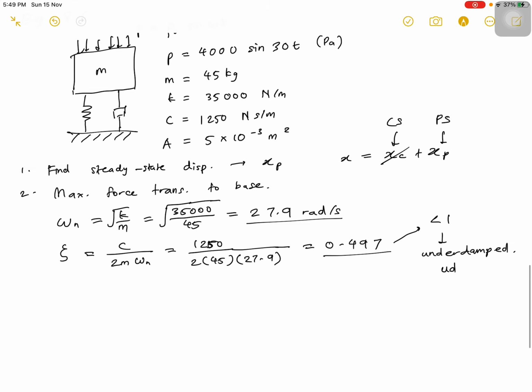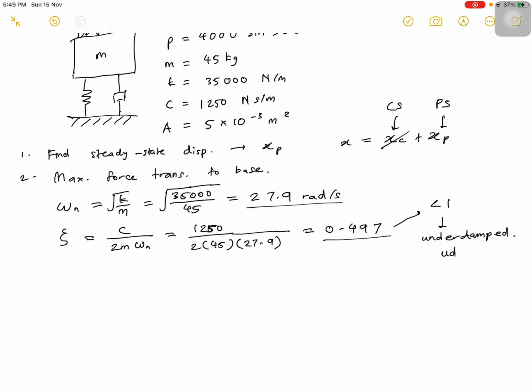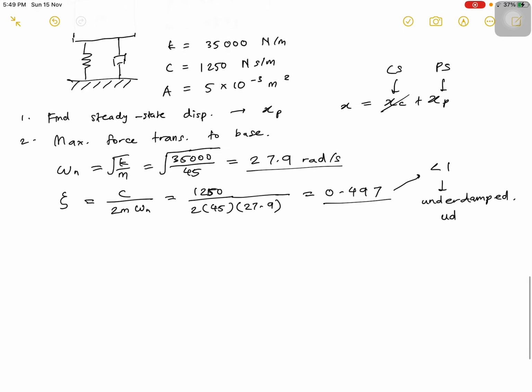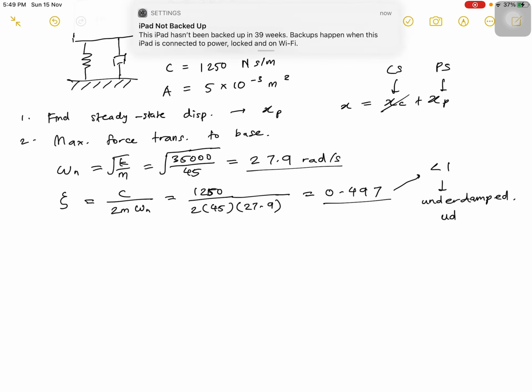Okay, or sometimes I write UD only. So now, before we continue, we need to understand that we need to find the displacement for steady state. So we just use the particular solution.